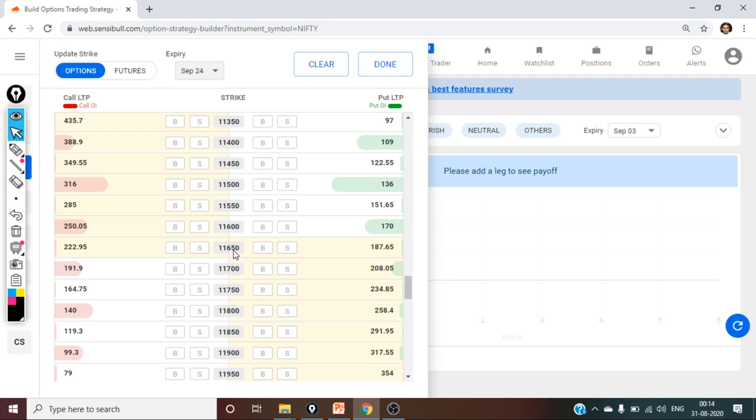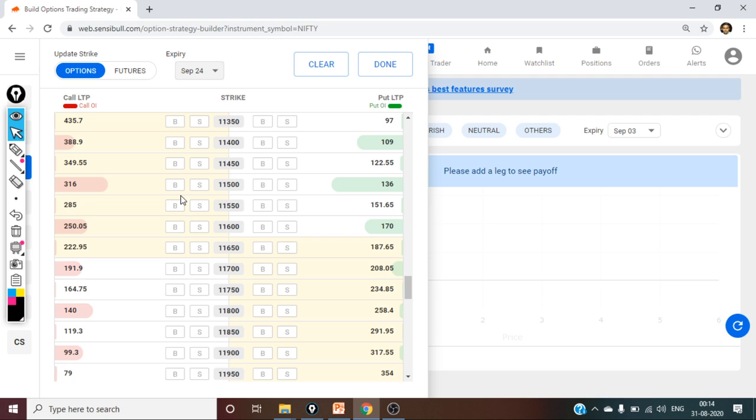So let's say for example we are bearish on Nifty, and we think that Nifty will fall below 11,500 in September month. Right now there are 24 days to expiry.